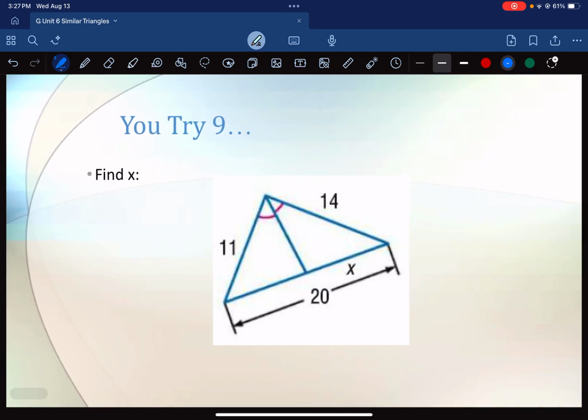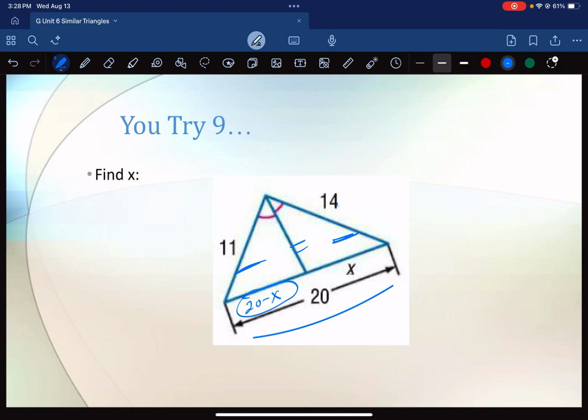How about this one? It's another one like that previous one. 11 goes with this, and 14 goes with X. So we just need to know what this is. Well, that whole thing is 20. So if I subtract X from 20, that's this piece.